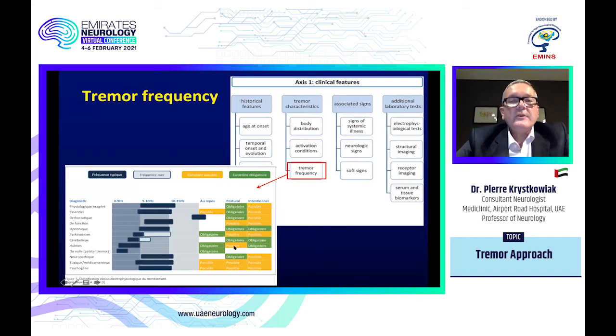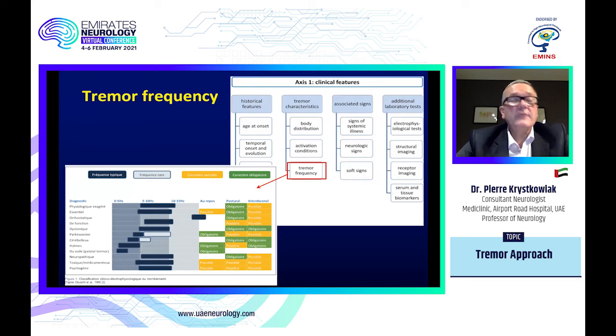So finally, tremor frequency is not that helpful, because most of the tremor associated with an organic condition is between 4 and 8 to 10 hertz, but only very unusual tremor like orthostatic primary tremor is at roughly 13 hertz.